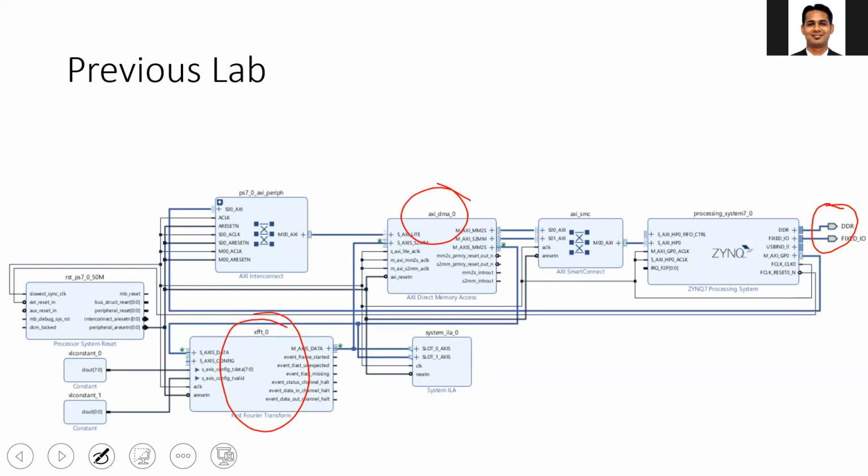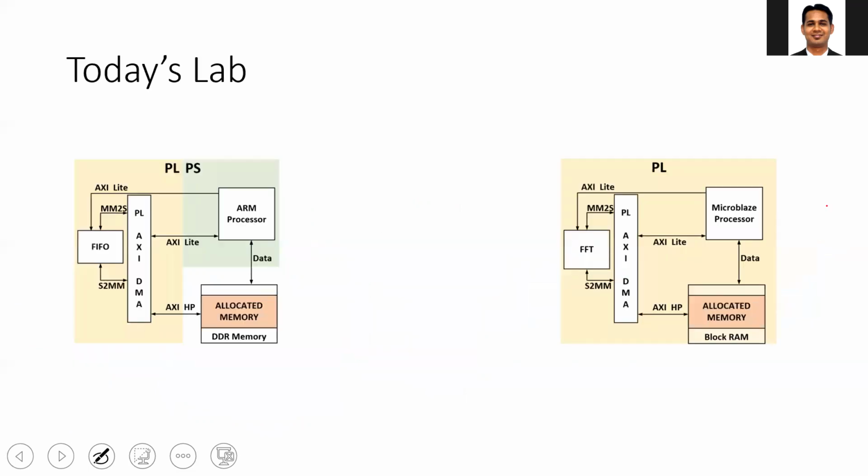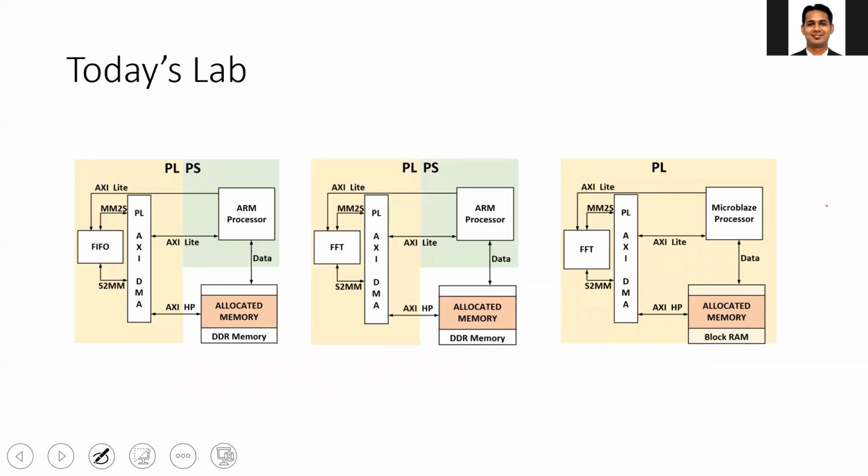Now, to solve this problem, and for the emulation as well as the examination perspective, what we are doing is replacing the ARM processor, which is the processing system, with the MicroBlaze processor.